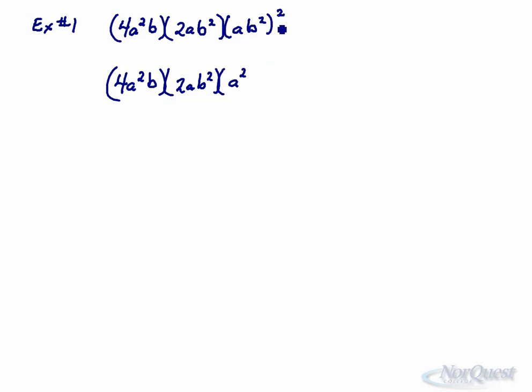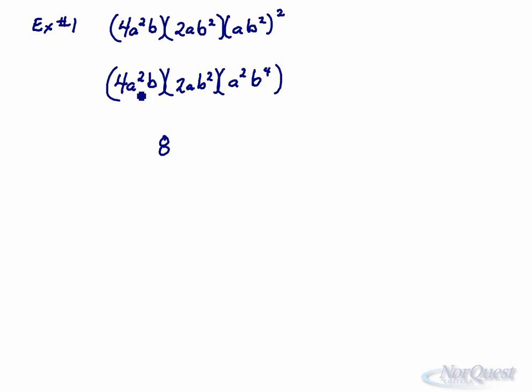B squared to the power 2 should give me b to the power 4. Power of a power means to multiply exponents. Now that I don't have any more power of a power, what I'm going to do is take care of the coefficient first. I have a 4 times 2 times 1 to give me 8.